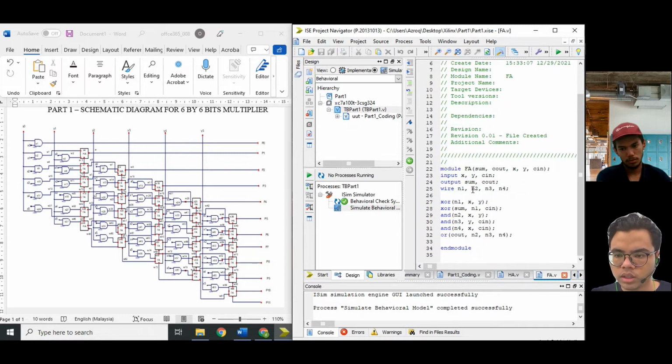For the full adder, our module name is FA. The inputs are X, Y and CIN. The outputs are sum and cout, while the wires are declared as N1, N2, N3 and N4.